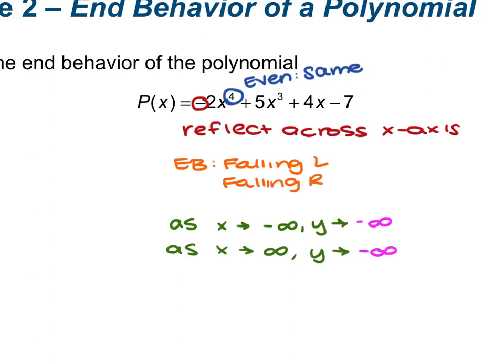The only thing that changes is the y part, that pink part of these two end behavior notations. As x approaches negative infinity and as x approaches infinity never change.